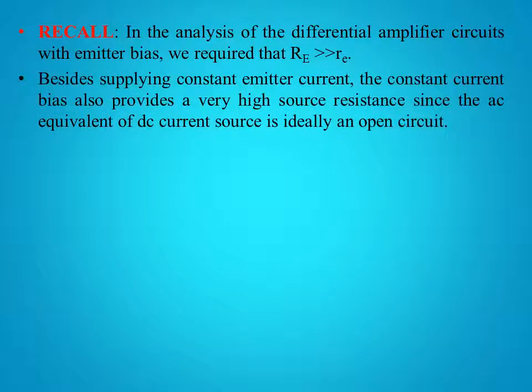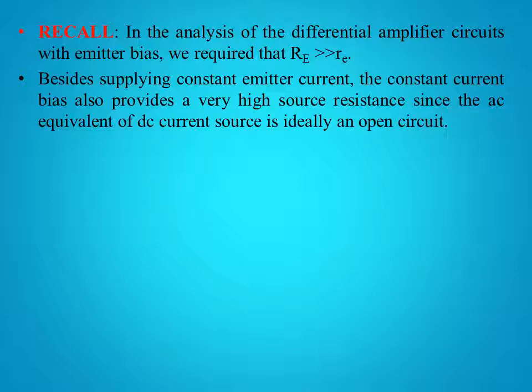This constant current bias also behaves as an open circuit, because it behaves as the AC equivalent of a DC current source and is a source of very high resistance.